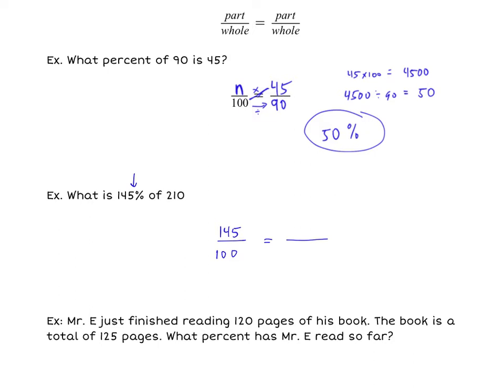Now, where does the 210 go? On the bottom, because it's right after the word of. So now we're trying to find that value up there. So again, cross multiply. 145 times 210 is 30,450.